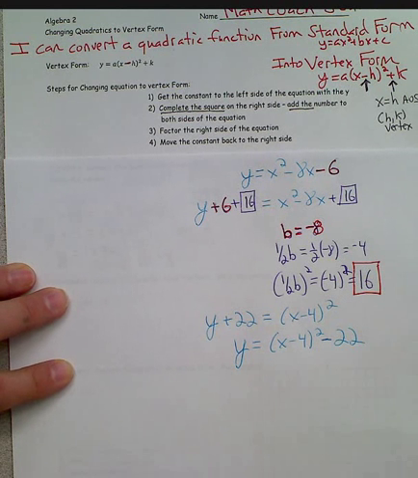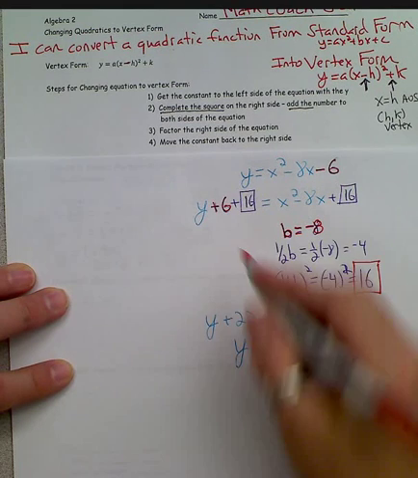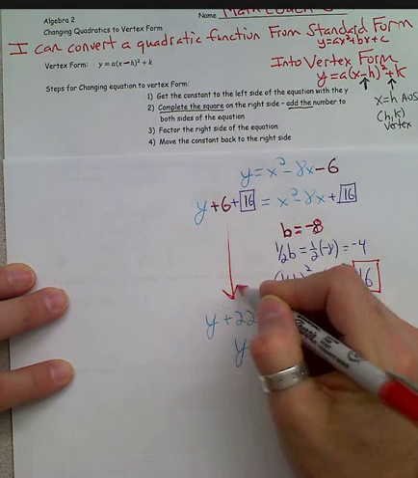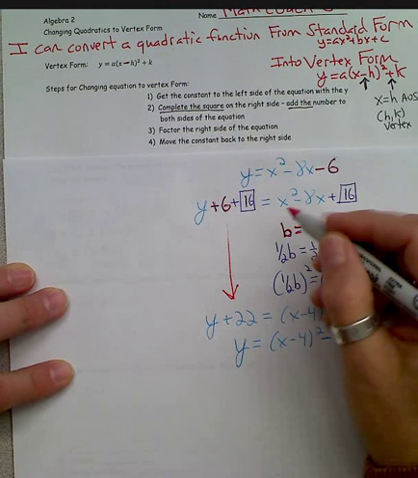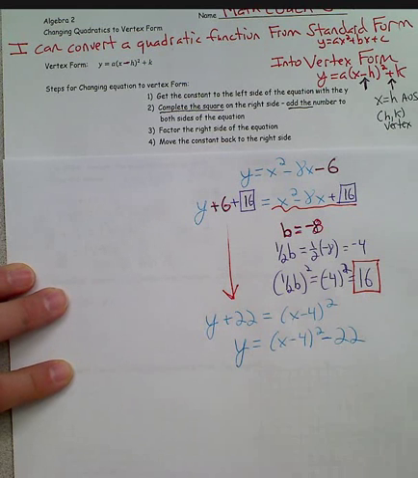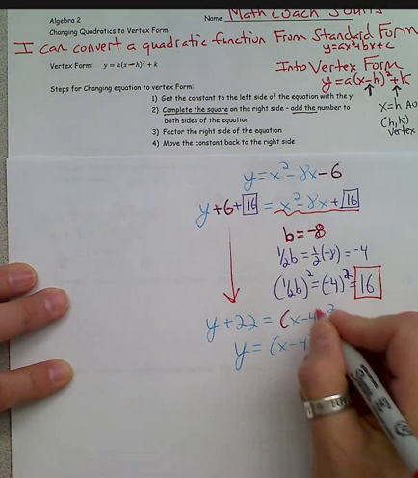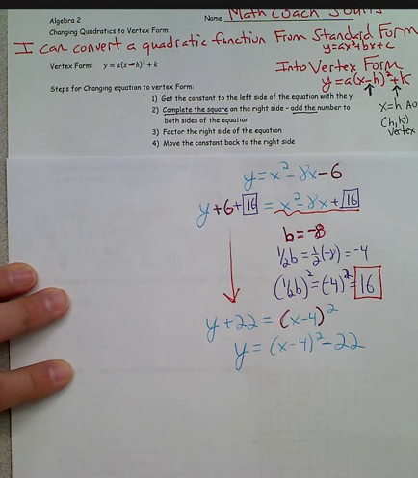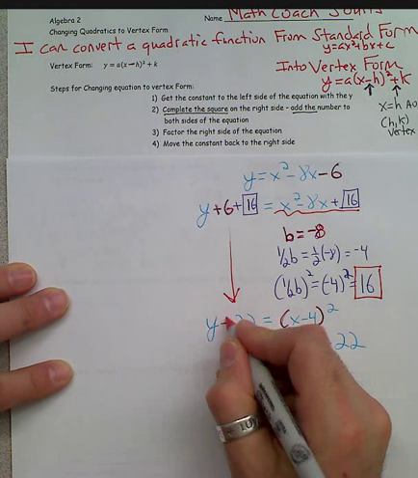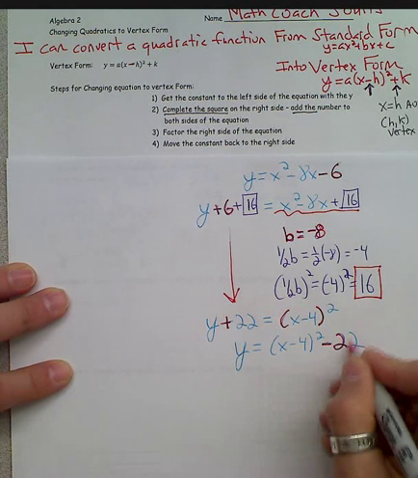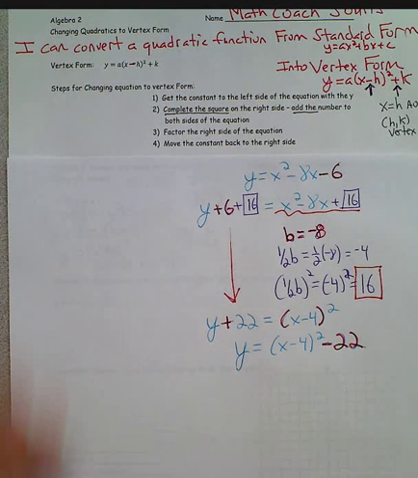I add my 16 and I get y plus 22 equals, this is a perfect square trinomial. Perfect square trinomials come from binomials squared, which was x minus 4 squared. I bring my positive 22 to the other side, and so now I have it from standard form into vertex form.